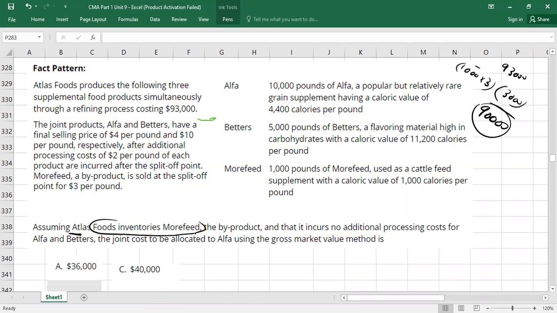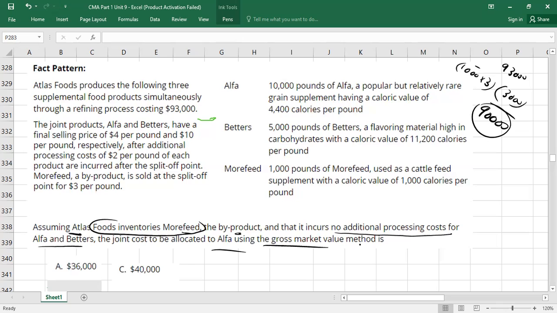If Atlas Food inventories the mofeet, a byproduct, that incurs no additional processing cost for alpha and beta, the joint cost to be allocated to alpha using what? Gross market value method. What is the gross market value method? Sale value at split off point.